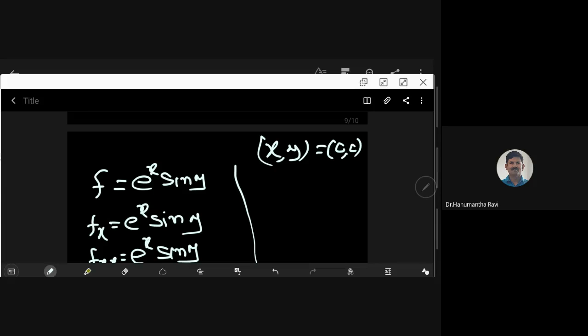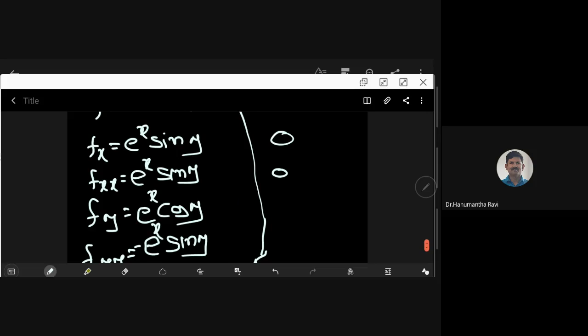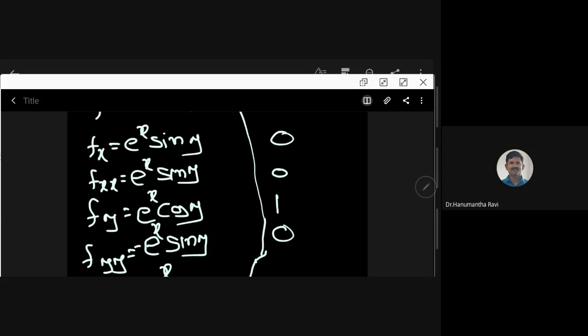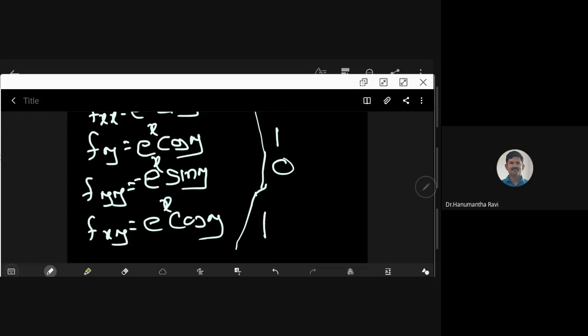Sin 0 is 0, so this is 0. Again this is 0, this is 0. Cos 0 is 1, so it is 1. Again this is 0, again this is 0, and this is 1. So except fy and fxy, all the remaining terms are zeros.